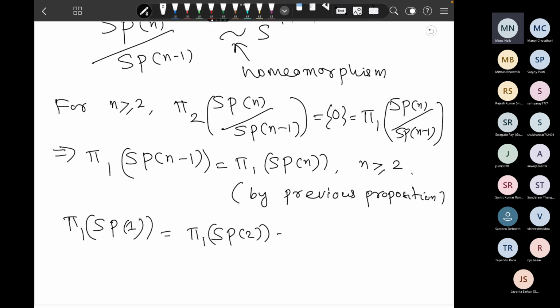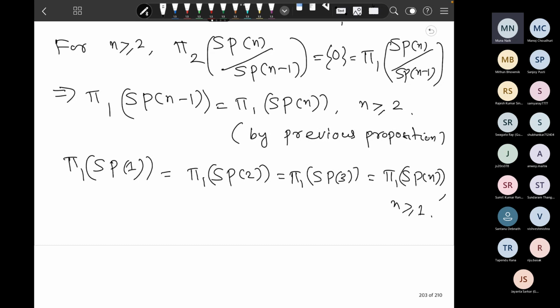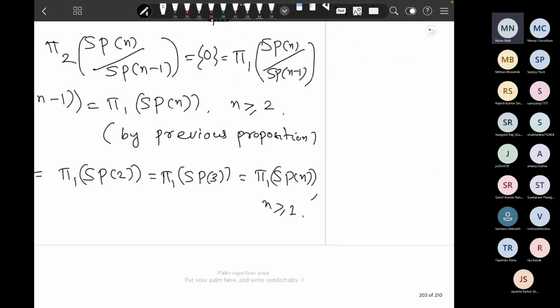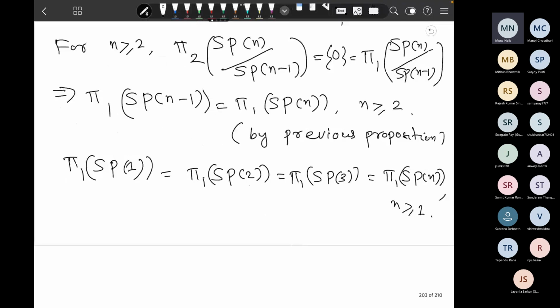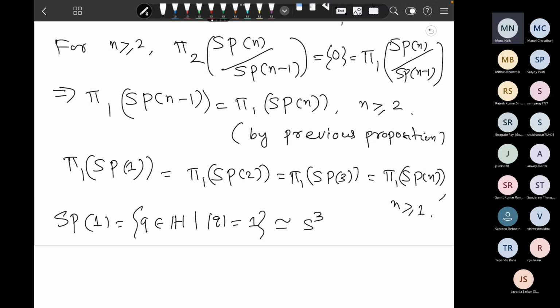Similarly pi_1 of Sp(3), and so on, is equal to pi_1 of Sp(n), where n is greater than or equal to 1. So now what is Sp(1)? Sp(1) is really the set of q belonging to H such that the norm of q is equal to 1, and this is really homeomorphic to S^3.